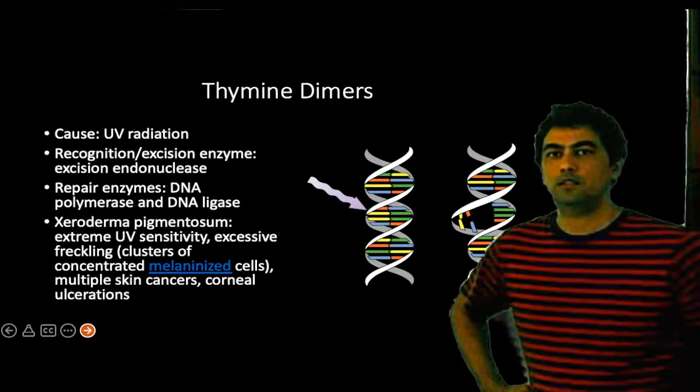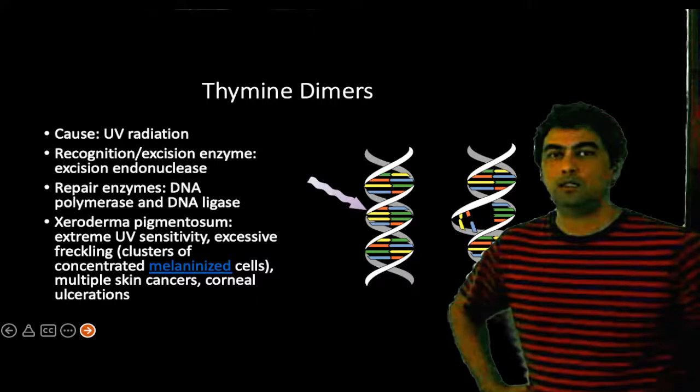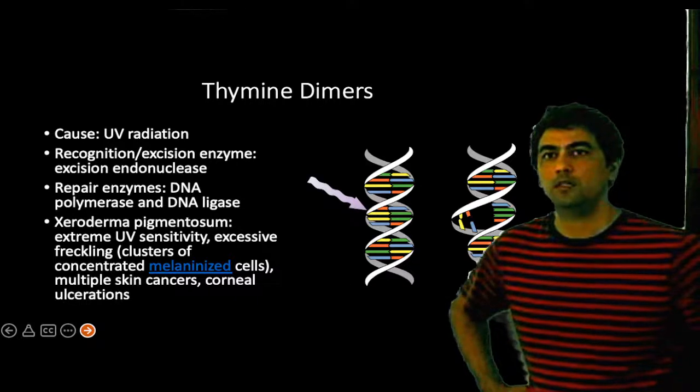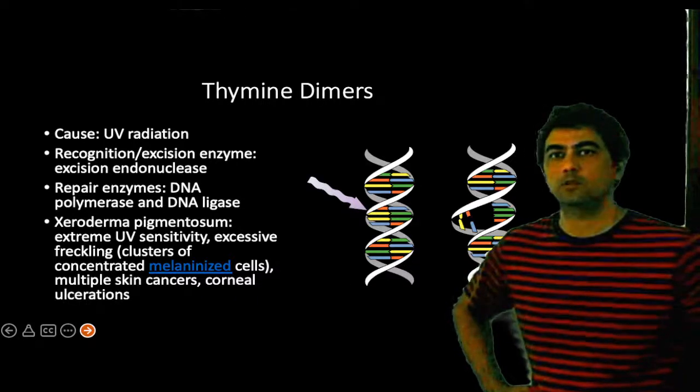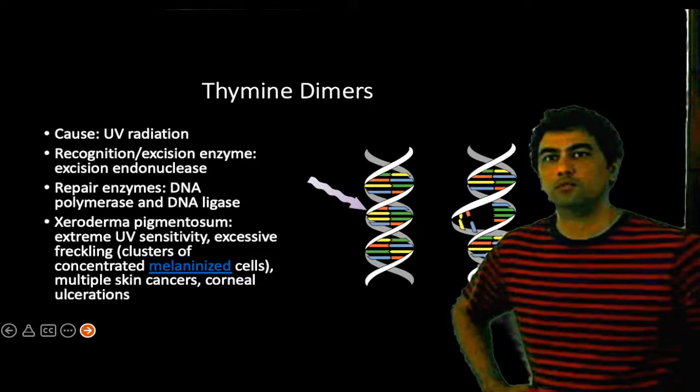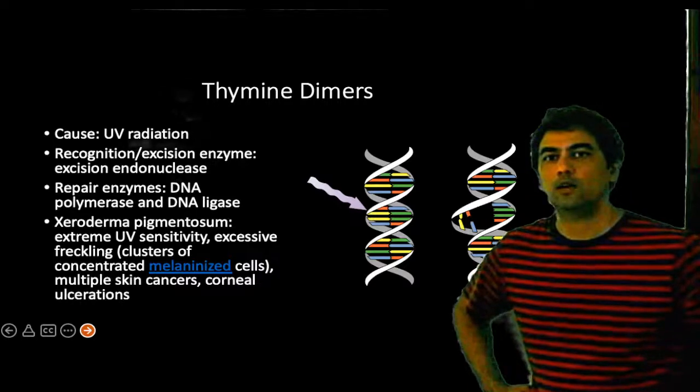The most common disease involving thymine dimers is xeroderma pigmentosum. It presents with extreme UV sensitivity, excessive freckling, clusters of concentrated melanized cells, multiple skin cancers, and corneal ulceration.